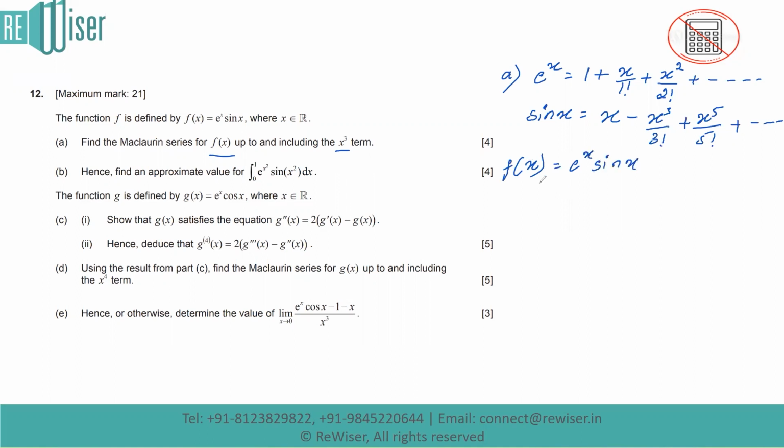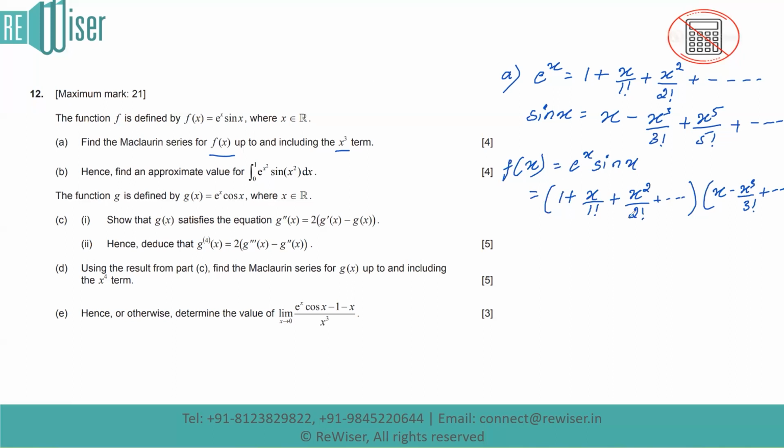We can also say e power x is going to be 1 plus x by 1 factorial plus x squared by 2 factorial and so on, and sin x is x minus x cubed by 3 factorial plus x power 5 by 5 factorial and so on. And you have to just think about doing it like a selective multiplication.